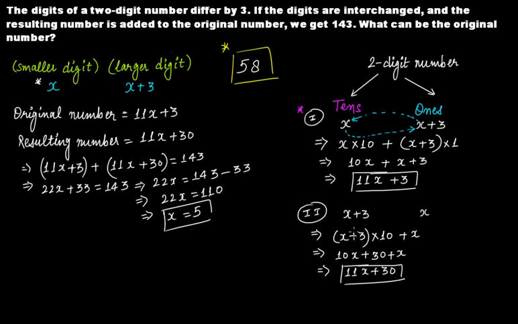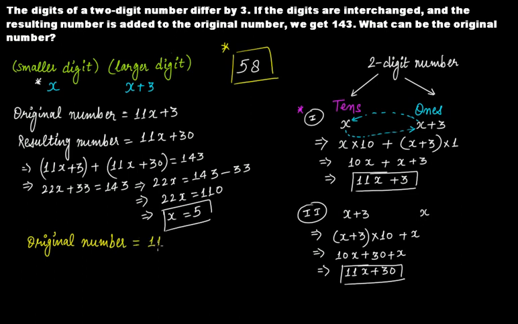What if we take this subcase, that is, if our original number was 11x plus 30. If your original number was 11x plus 30, it means that at the tens place we had x plus 3, and at the ones place we had x. Okay, so in this case your original number becomes 11x plus 30, if you started from this case.